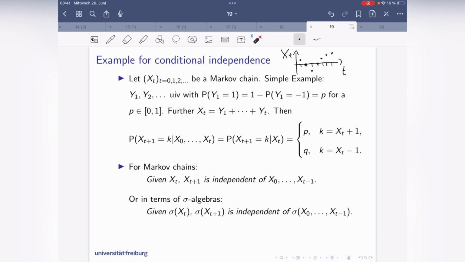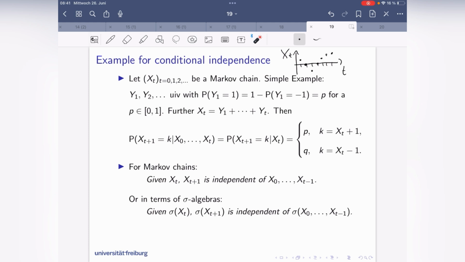And that's the following. So the Y's here are 1 with probability p and minus 1 with probability 1 minus p for some p. And X_t sums them all up. So from one step to the next, I have one more of the Y's, adding plus or minus 1 to the path.